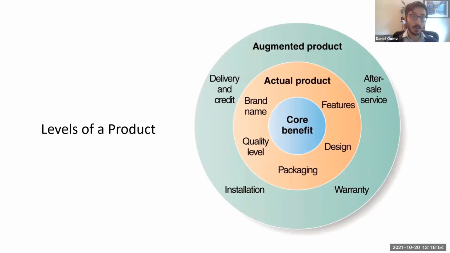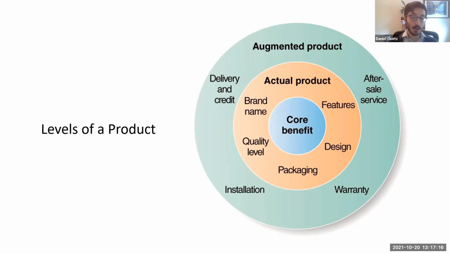We can break out the levels of a product, of a market offering, into 3 different layers. At the lowest layer is the idea of a core benefit. Beyond that, you have the actual product, which contains a bunch of particular attributes: the brand, quality level, packaging, design, features.